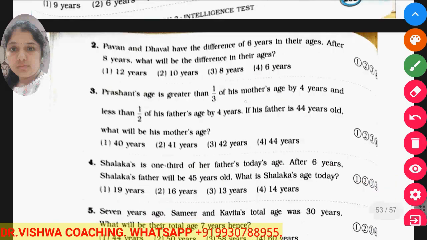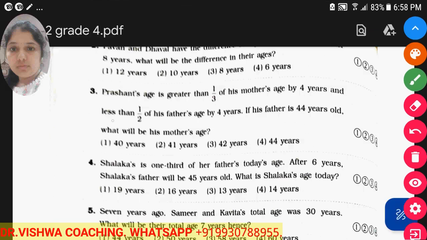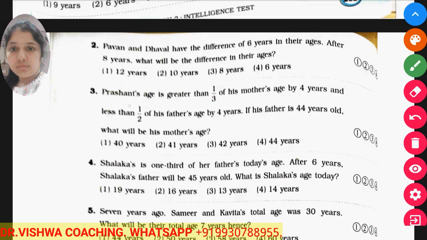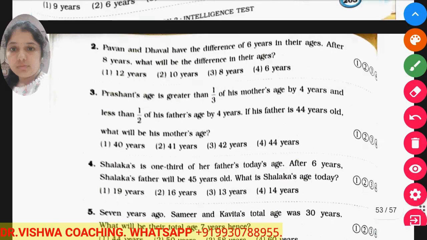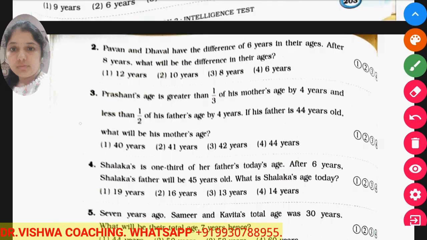Now Prashant's age is greater than 1 by 3 of his mother's age by 4 years and less than 1/2 of his father's age by 4 years. So if father's age is 44 years old, what will be the mother's age? Now see, Prashant's age is 1/2 of his father's age but 4 years less.